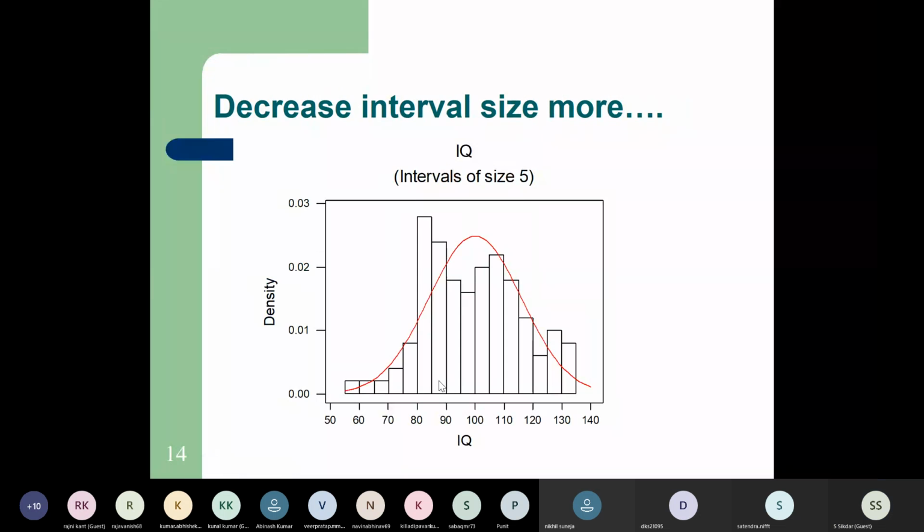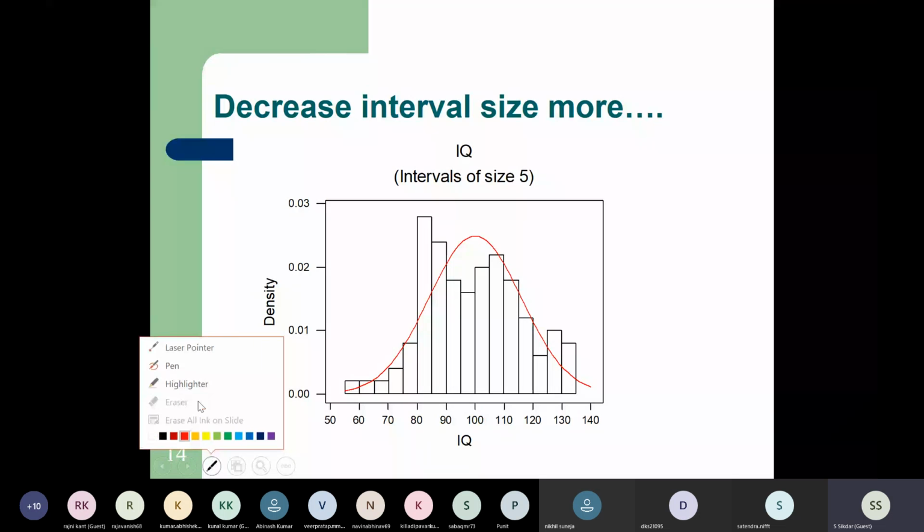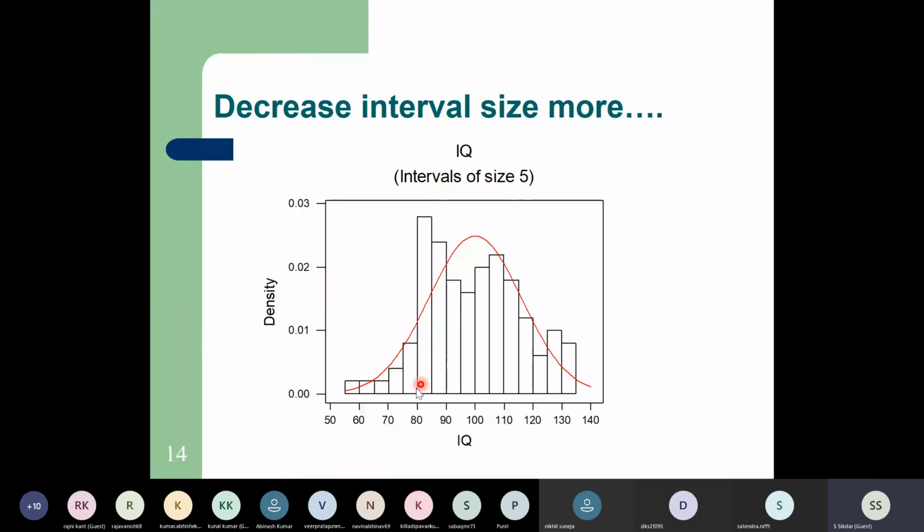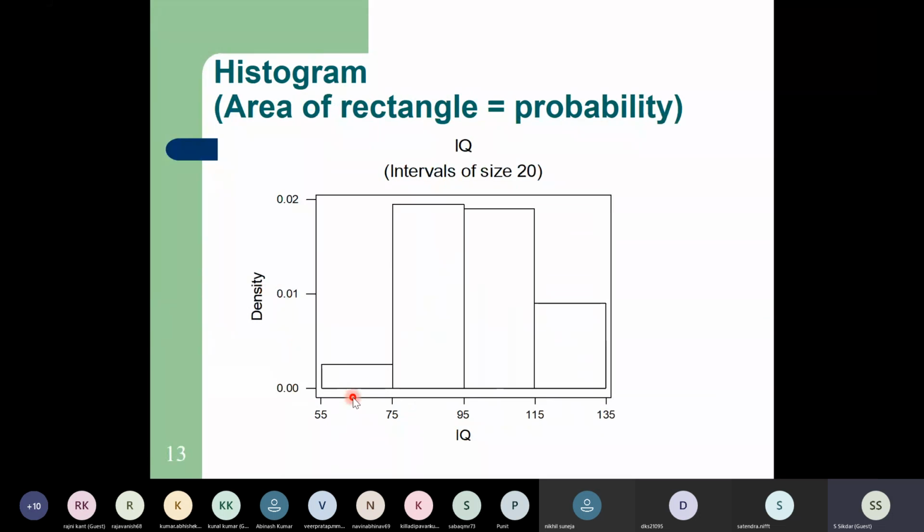Now if we decrease the interval size, it shows some other distribution. Earlier the intervals were larger, and there is a sudden drop here.